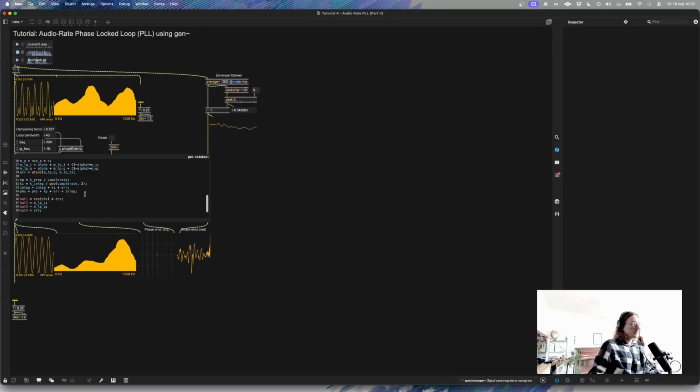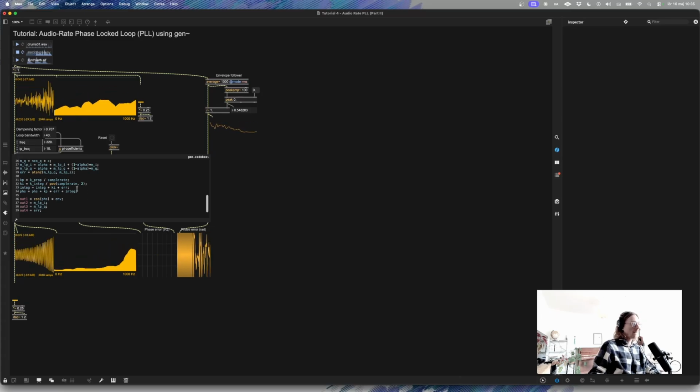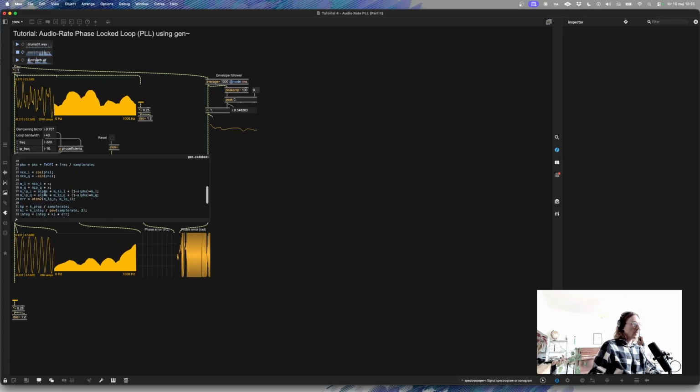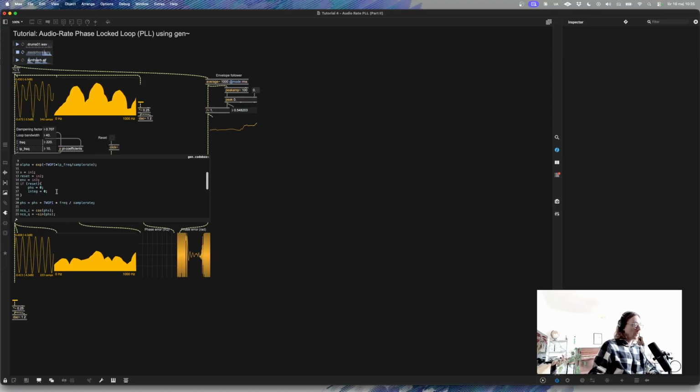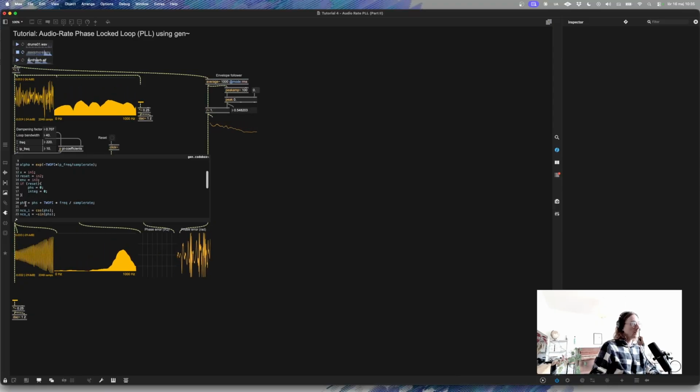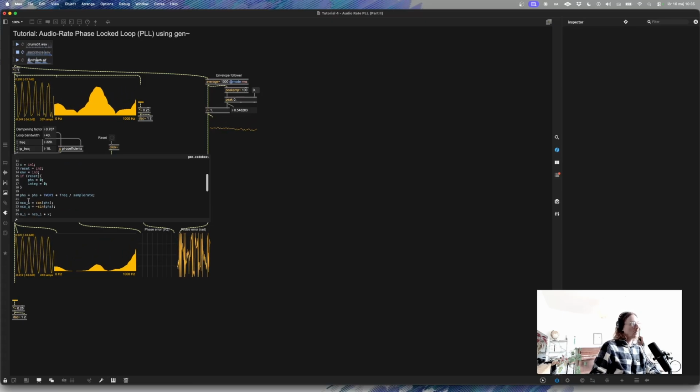Then regarding the uncertainty here, one thing we can of course do is to now also divide x, our input signal here, by this envelope signal to sort of normalize the input volume to be as close to 1 as possible, which might give this PLL a bit more certainty, because we essentially apply a compression, I guess we can call it.